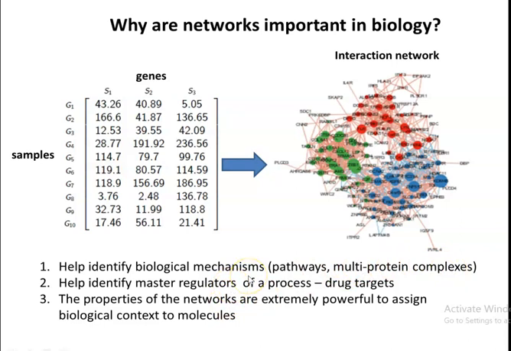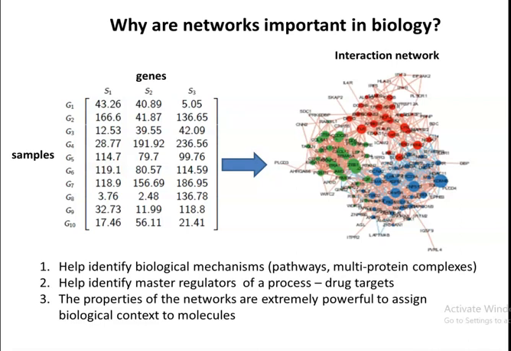Additionally, we can identify master regulators of a process, for example, a transcription factor that is overrepresented amongst all molecules that are found in the interaction network or individual subregions. And not only transcription factors, but also genes that are important for the onset or development of a disease. One can deem these disease targets and start to develop drugs against these targets that have been identified in this way.